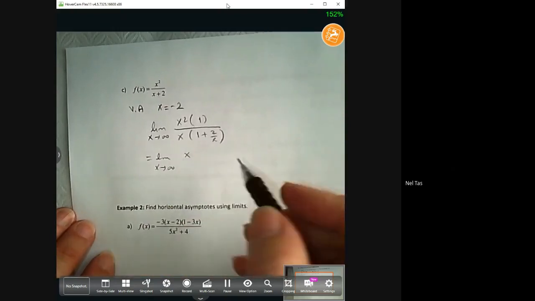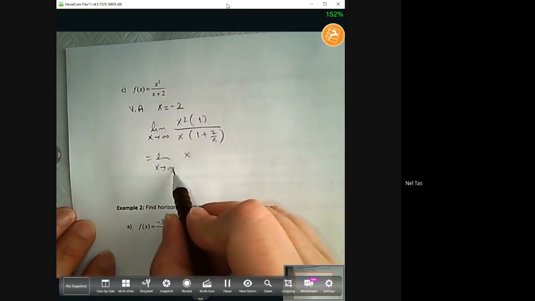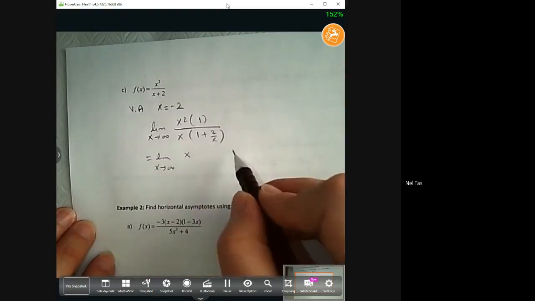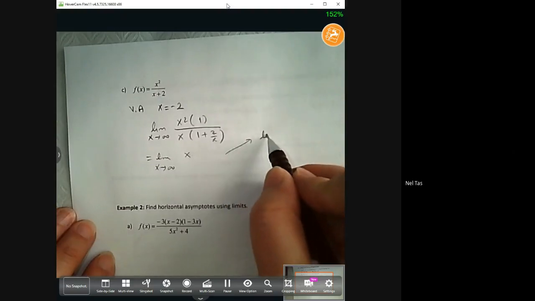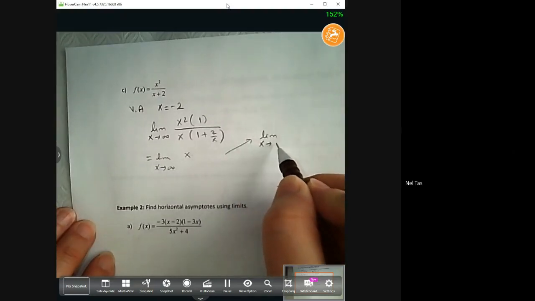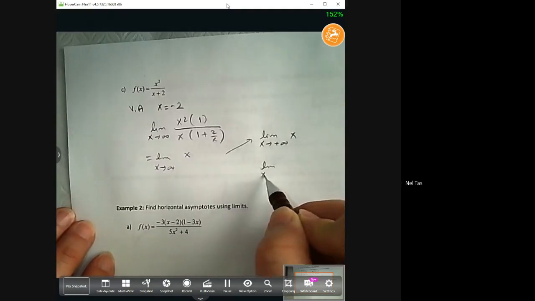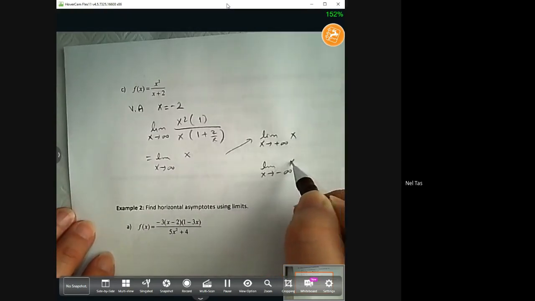And if you look at the limit here, if this goes to positive infinity, you will have something else, and if it is negative infinity, you will get something else. So I'm going to look at the limit for positive infinity and negative infinity.